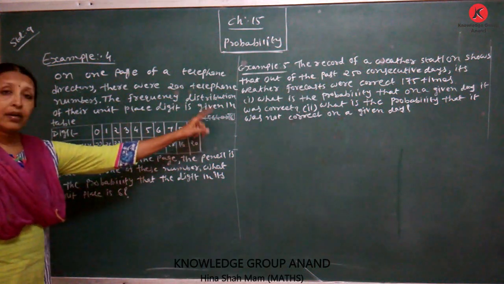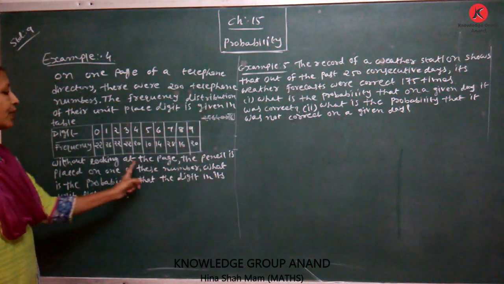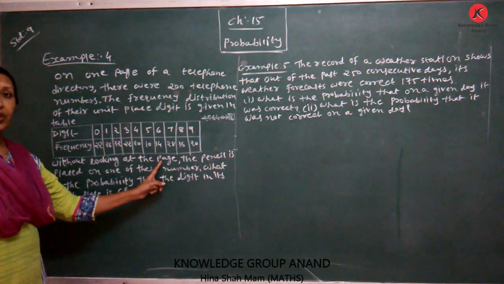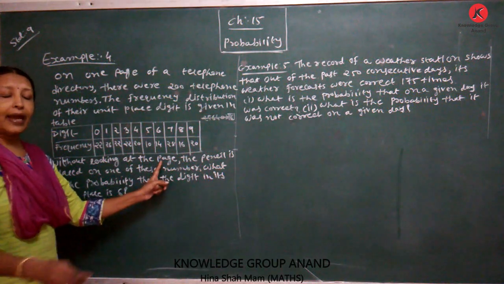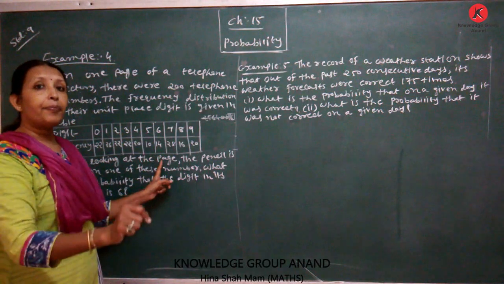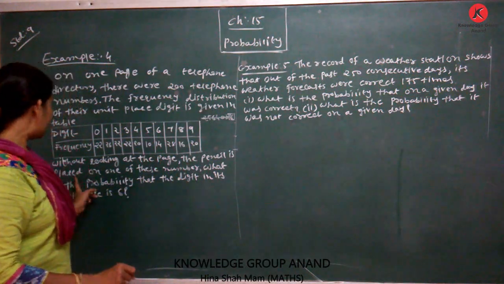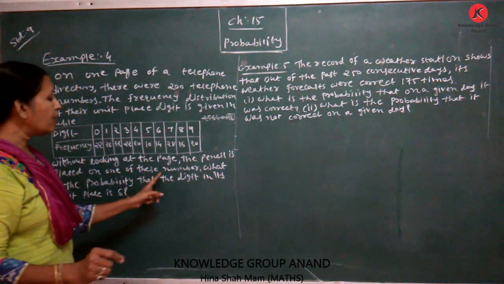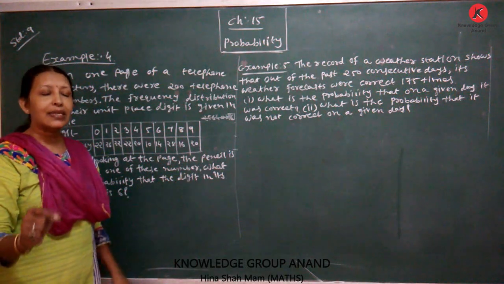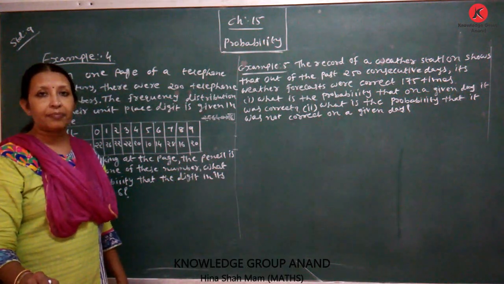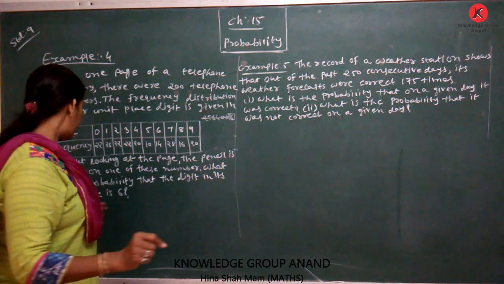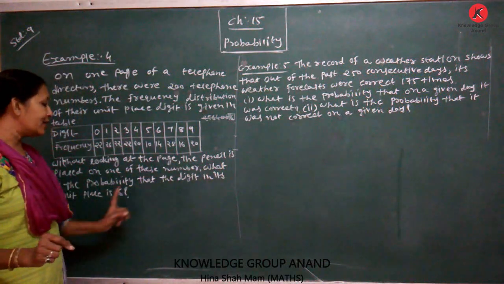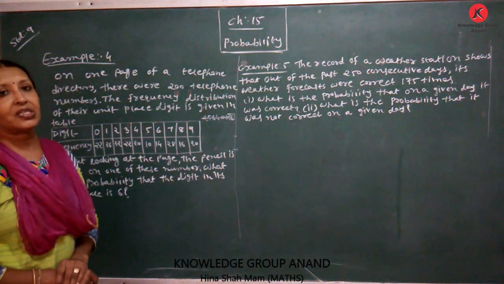Without looking at the page, a pencil is placed on one of these numbers. What is the probability that the digit in its unit place is 6?